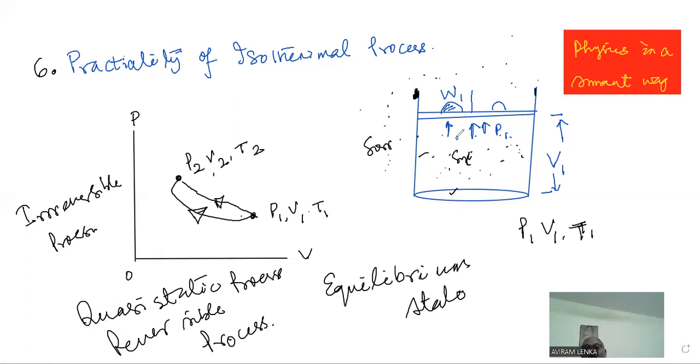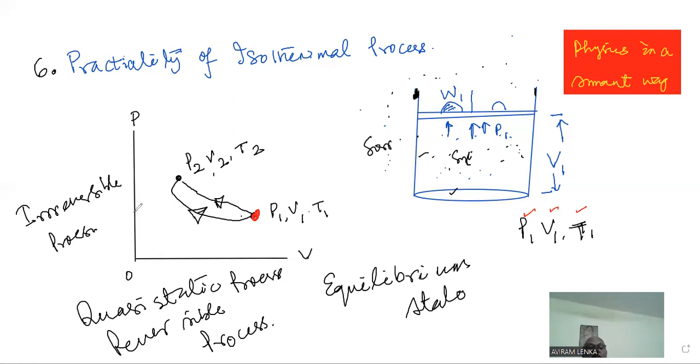The gas is at pressure P1, volume V1, and temperature T1. That is known as an equilibrium state. The gas is in equilibrium with the surrounding, with pressure P1, volume V1, and temperature T1, which we measured.